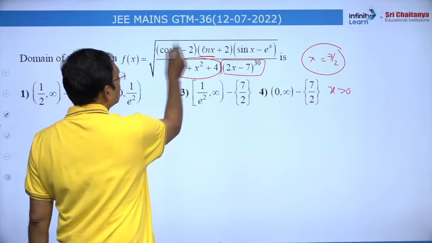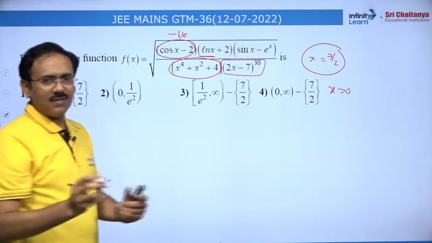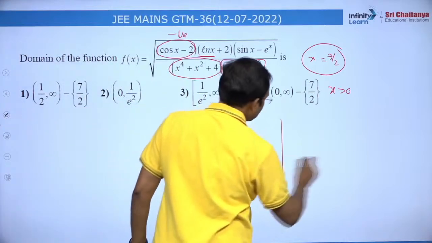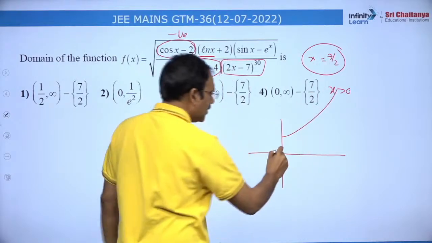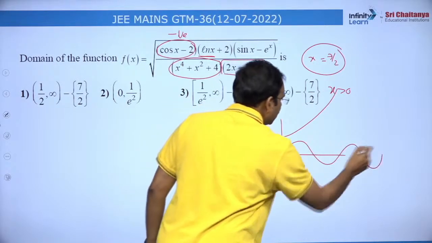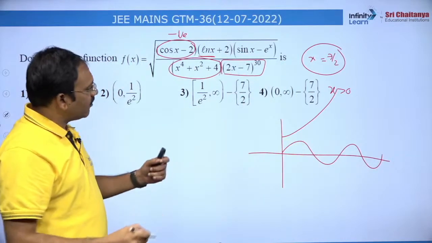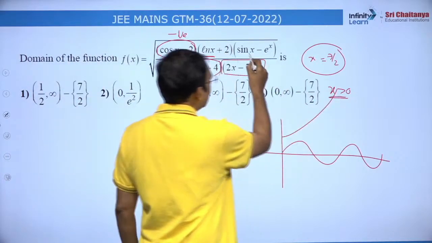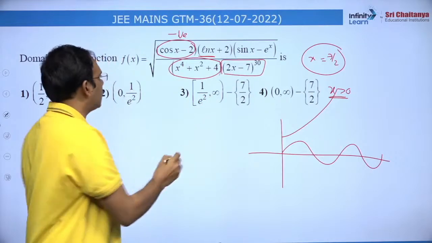Then cos x minus 2, it is always negative, because cos x range is minus 1 to 1. And sin x minus e power x, when x is positive, e power 0 is 1, it goes like this. Sin x is the function which fluctuates between minus 1 and 1, it will never cut that. So e power x is always greater than sin x when x is positive. So this is negative, negative into negative is always positive.